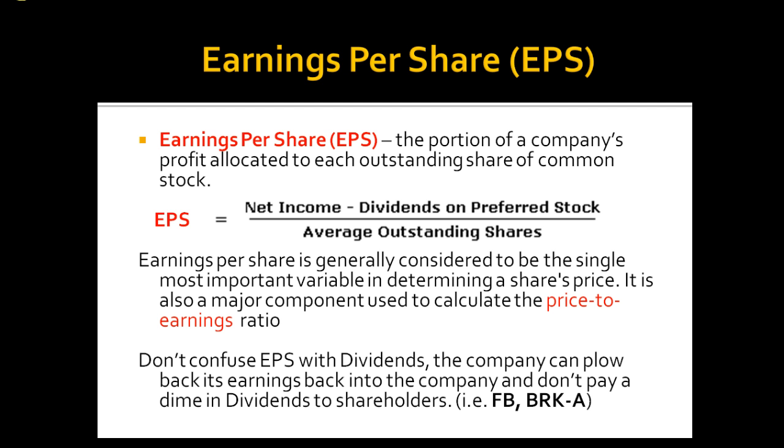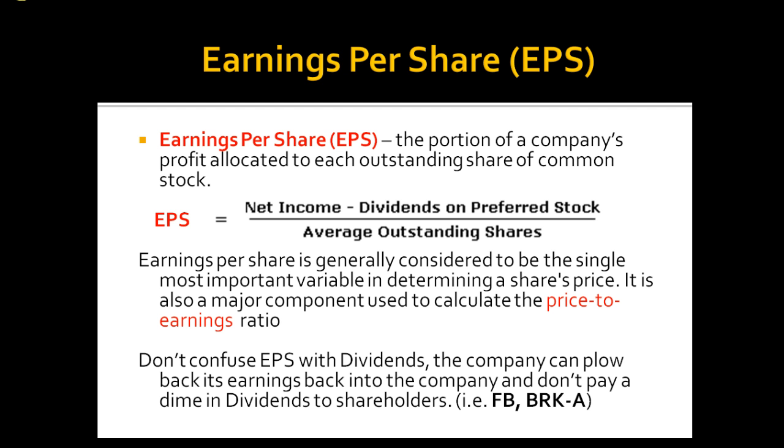And lastly, let me just say, don't confuse EPS with dividends. Okay, the company can plow its earnings back into its balance sheet and not pay a single dime in dividends to shareholders. And those are the companies that are considered growth stocks. They hoard all the cash.